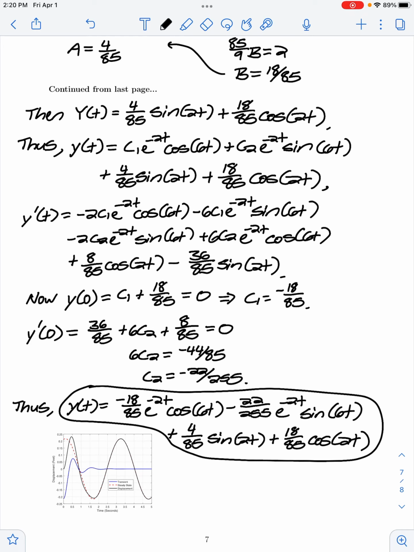So this is our solution of this initial value problem describing the motion of our mass.